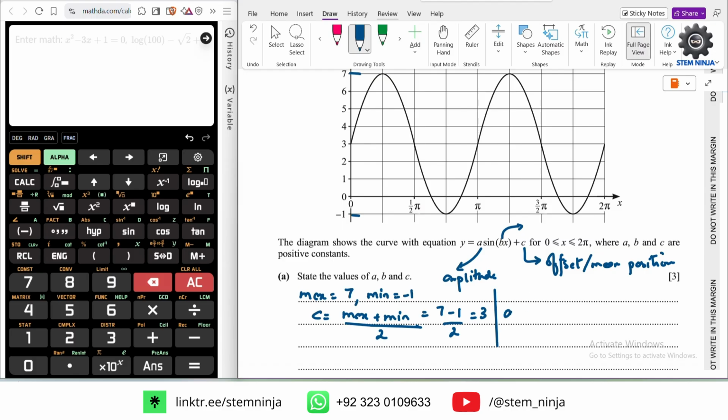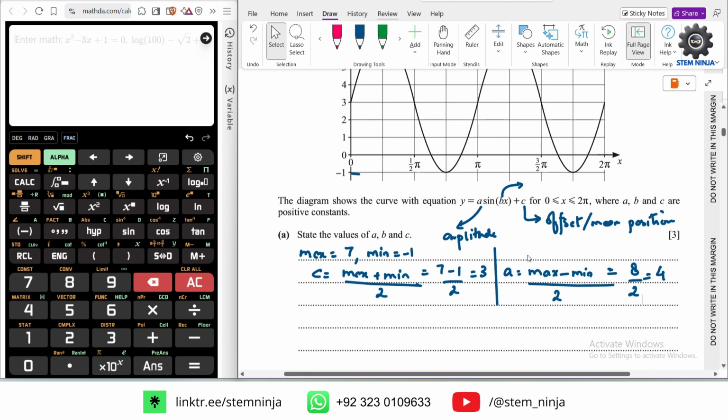Similarly, a is max minus min, peak to peak, divided by 2. So 7 minus -1 is 8, divided by 2, is 4.